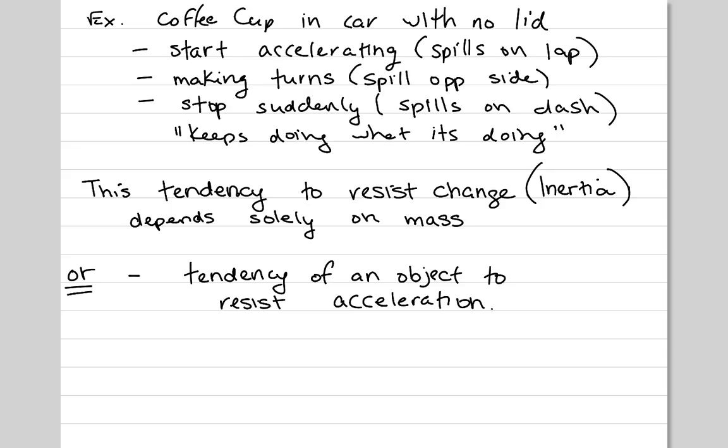Tendency of an object to resist acceleration. For inertia, you could think of it like this. Because to resist change is sort of vague. What do you mean change? Change in speed, change in distance, change in displacement? What are you referring to? So we're talking about changes in speed.